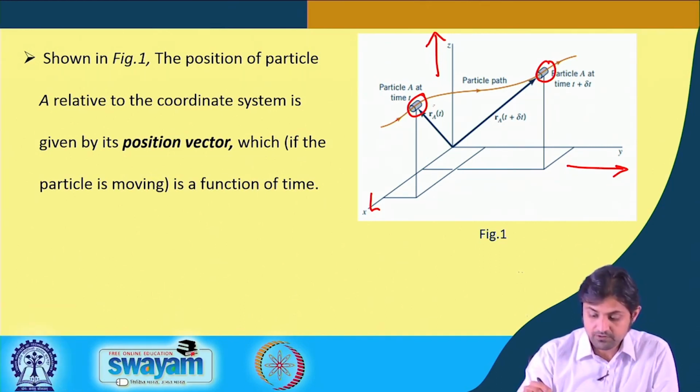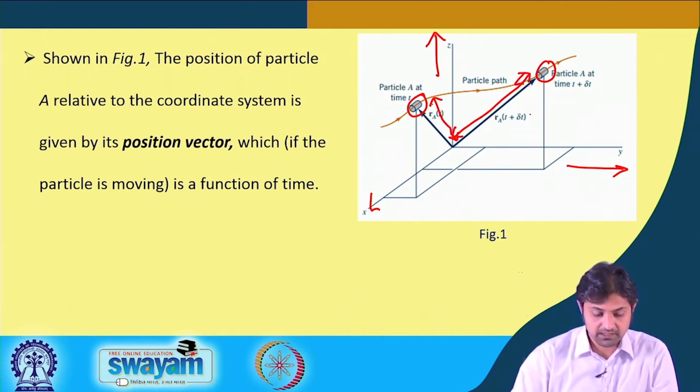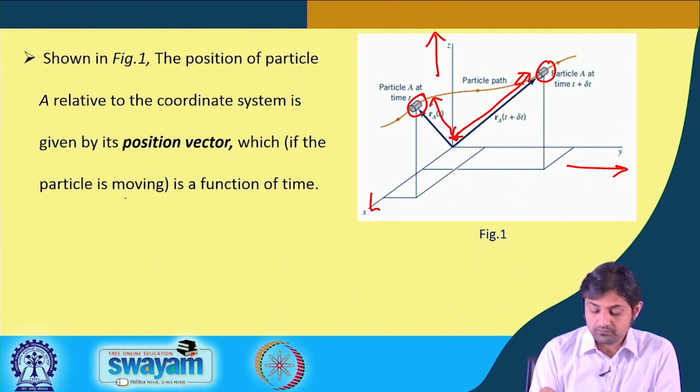So, this is the position vector at time t, and this is a different position vector at time t plus delta t. Considering the particle is moving, the particle has moved from this point to this point via this path.